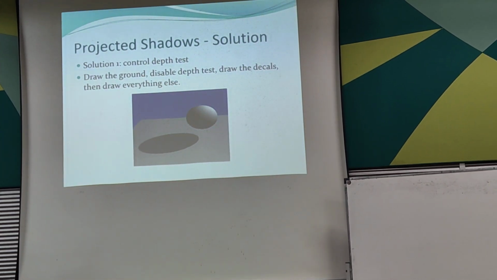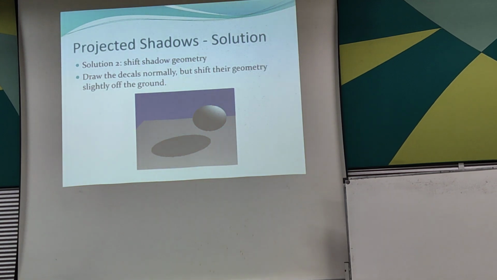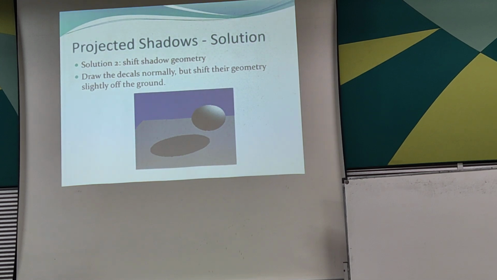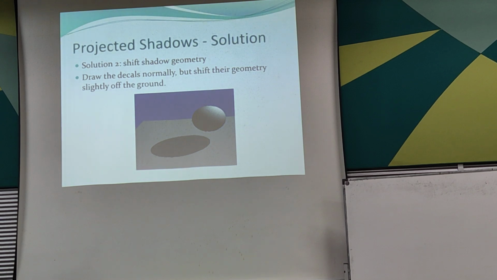Solution 2. Your miss will advise you to go to solution 2. Don't draw exactly at the same position, same location. Please shift slightly off from the plane. Like you can make it 0.1. If this one is 0.5, then you draw 0.4.